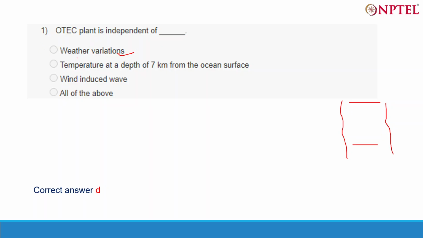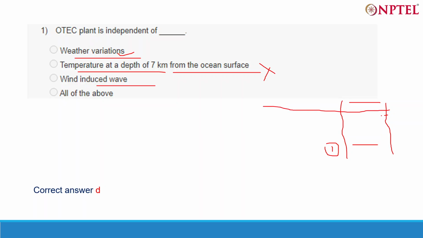So it is independent of weather variation. Temperature at a depth of 7 kilometers is not the one, because 1 kilometer depth is the temperature we care about. Wind-induced waves also have no effect because the temperature of the layer itself is considered. So it is independent of all of the above. The correct answer is D.